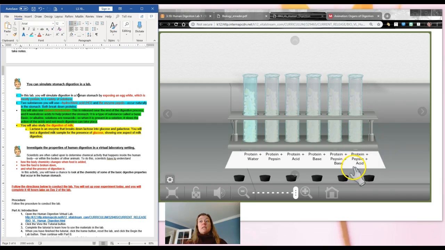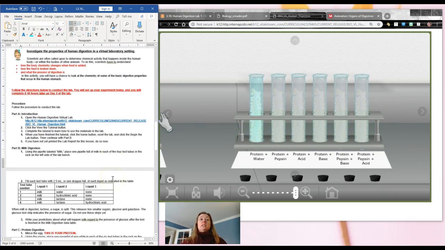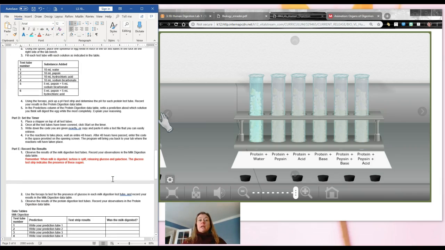And then in this last one, it's got the protein plus the pepsin plus the acid. So we're going to make some predictions about what's going to happen in these tubes, and they're going to ask you which of these is going to digest the most and which is going to digest the least, etc. There'll be some levels of digestion going on in them.